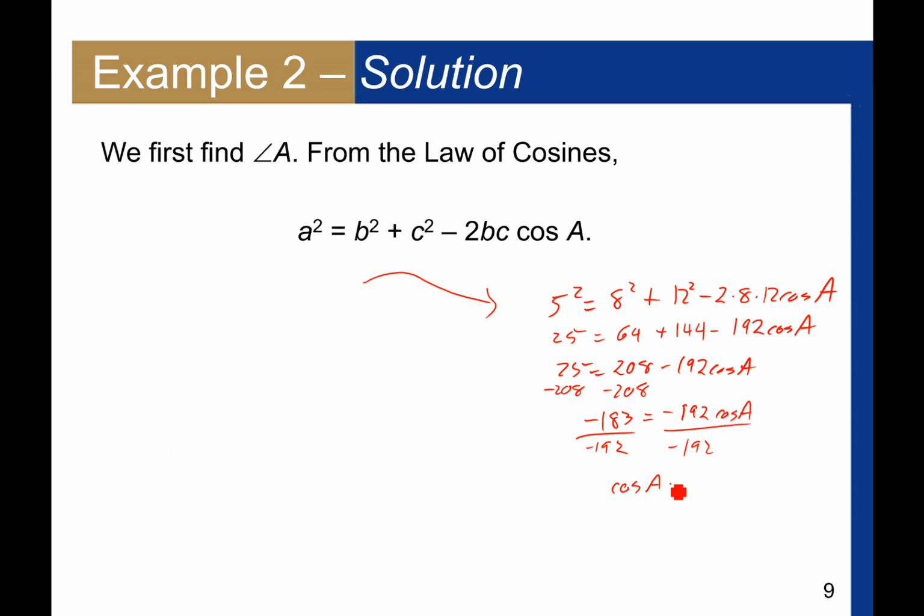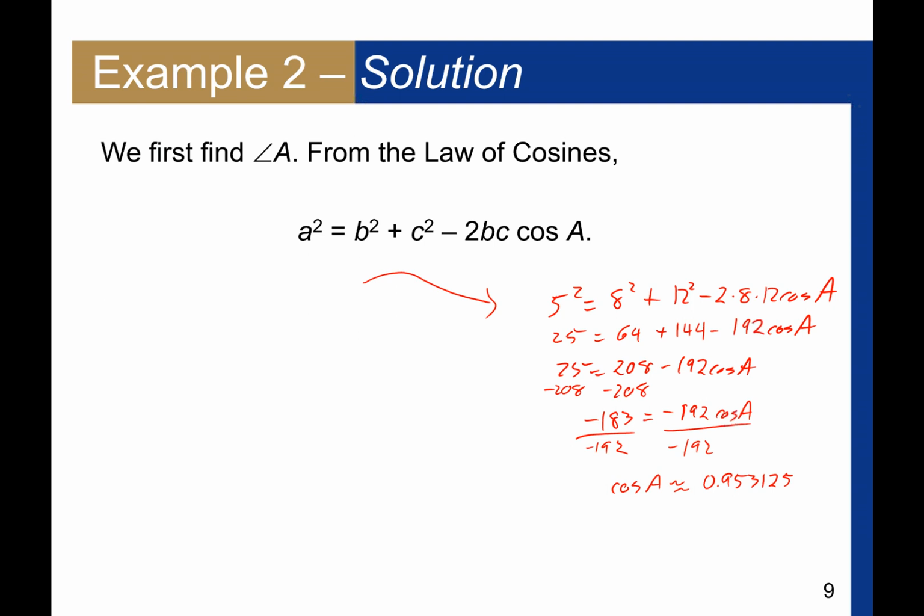So the cosine of A is, well, 61 over 64, which is 0.95312. Yes, that is a terminating decimal. And yay, the cosine there is less than 1.